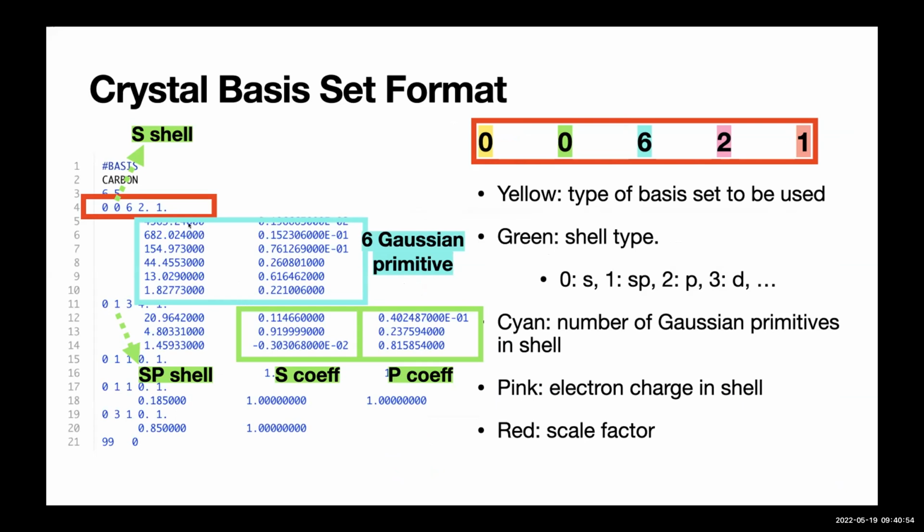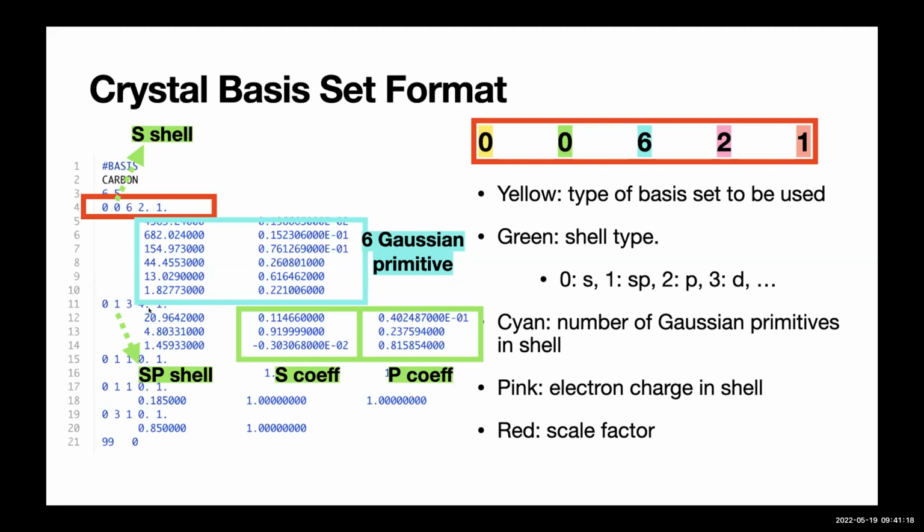The green 0 is telling you the shell type. Here, of course, we start with the innermost shell, the 1s. This 0 is telling you that this is a shell for the s orbital. And if it is 1, for instance, at line 11 we have 0 1, this 1 is telling you this is the sp shell.